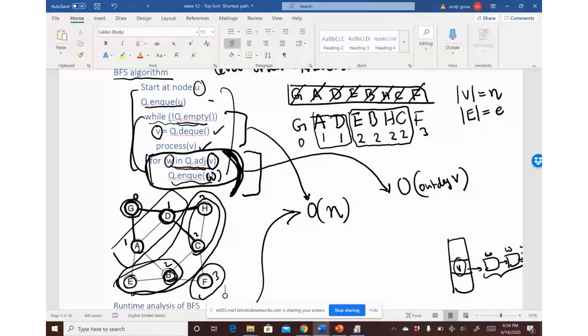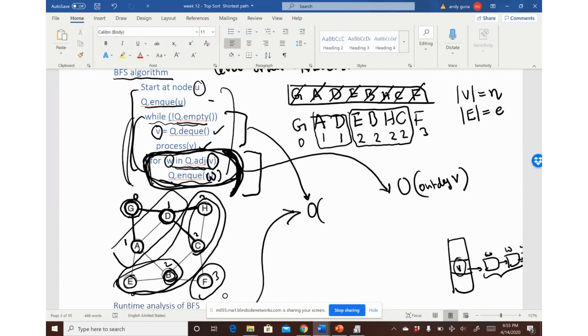That's the definition. So if you look at this, every edge is touched only once, although the big loop runs throughout. Essentially, these loops will run the sum of the out degrees of V.